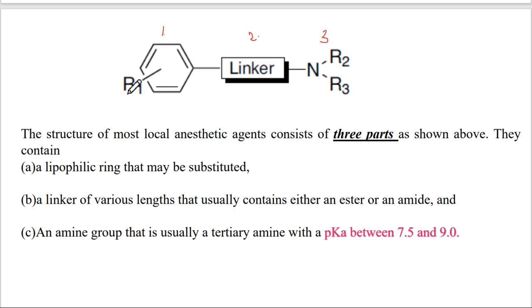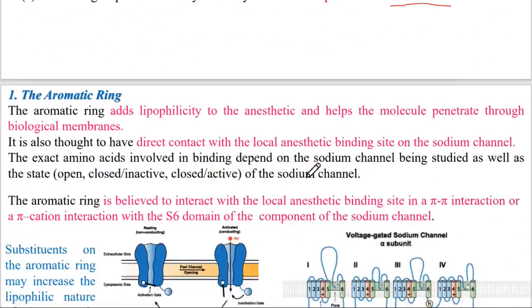The first is the lipophilic ring or the aromatic ring, which may be substituted. The linker consists of ester or amide and can be of various lengths. And the amine group is usually a tertiary amine, with a pKa between 7.5 and 9.0.